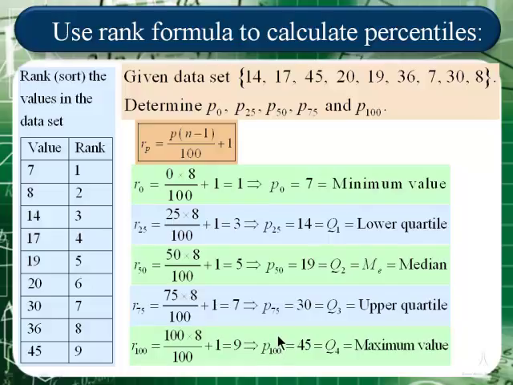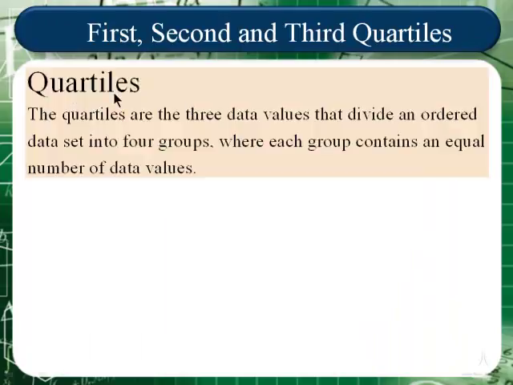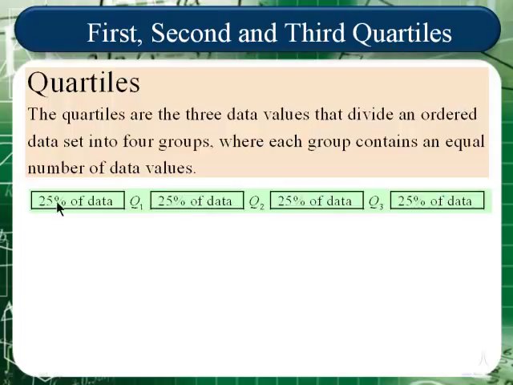Let us focus on first, second and third quartiles. Now quartiles are the 3 data values that divide an ordered set into 4 groups, where each group contains an equal number of data values.